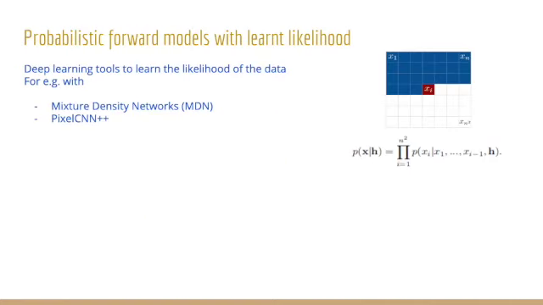Right. One way to counter that is to use probabilistic forward models, where instead of just learning the model that you observe, you also try to learn the likelihood of what you're seeing. This can easily be done with deep learning models nowadays. For example, some of the architectures that you can use are like mixture density network and pixel CNN.